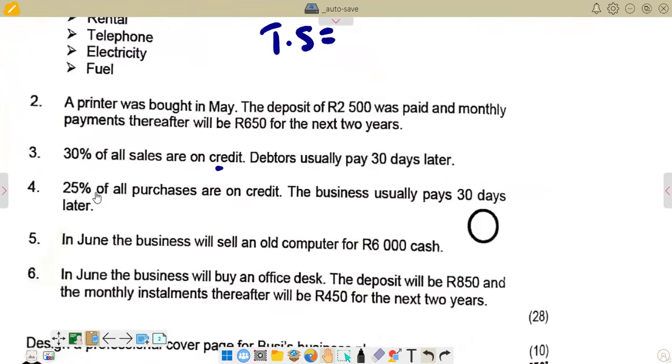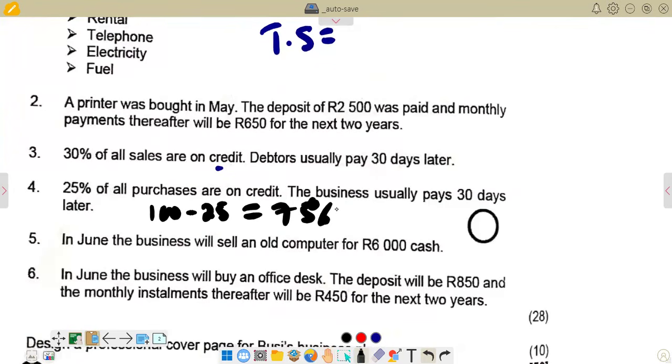So the next instruction is saying 25% of all purchases are credit, and the business usually pays 30 days later. So simply what it means is our 25% are credit, which means our cash purchases are going to be 100 minus 25%. Then obviously we are going to get 75%.